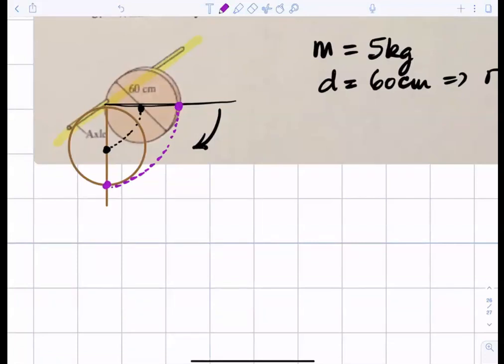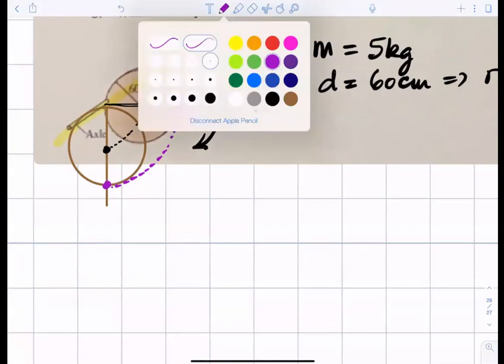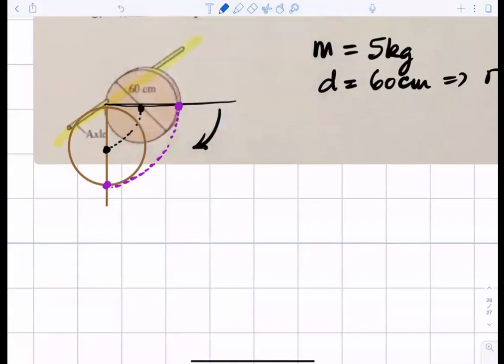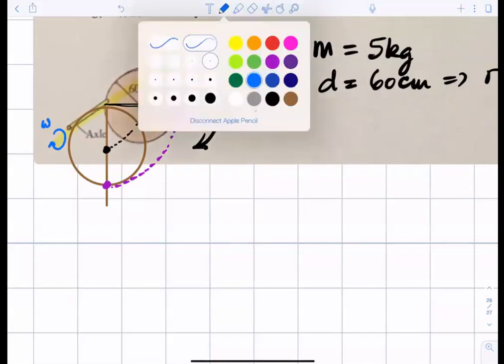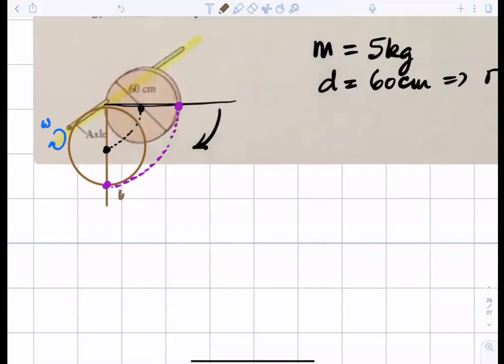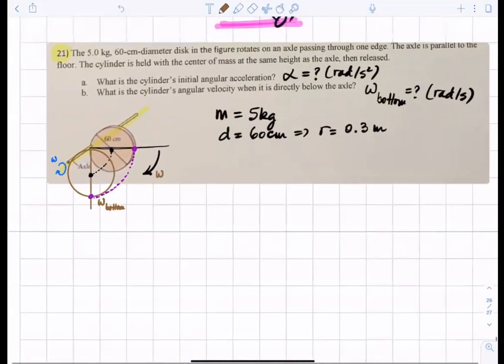And when this happens, you essentially have this omega also happening, and I guess then there's this omega here going this way, omega at the bottom. So let's make sure we understand what we are looking at. We're looking at the omega below, right, when the position drops. All right, so let's go through and ask ourselves, how would we do this?